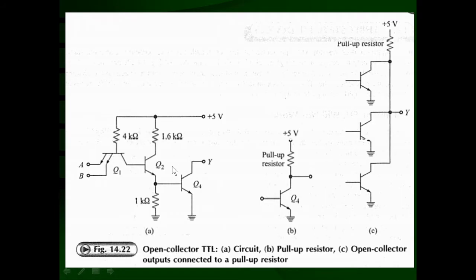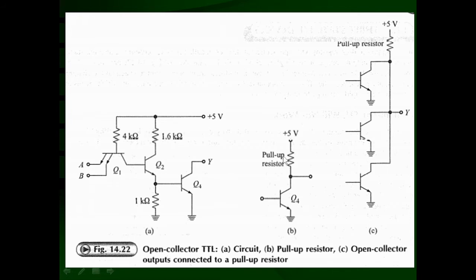Here you can consider that this is the output. When this transistor is cut off, going from on to off, the output is built up across the output capacitance of transistor Q4, and this capacitor is charging through the pull-up resistance, which provides the charging current.